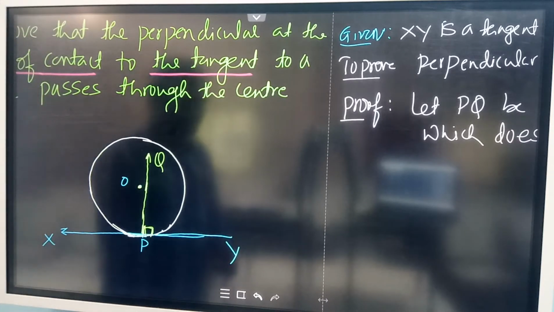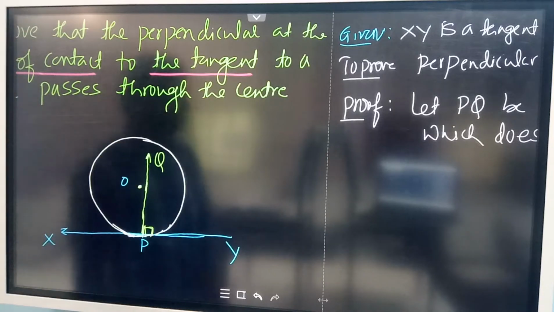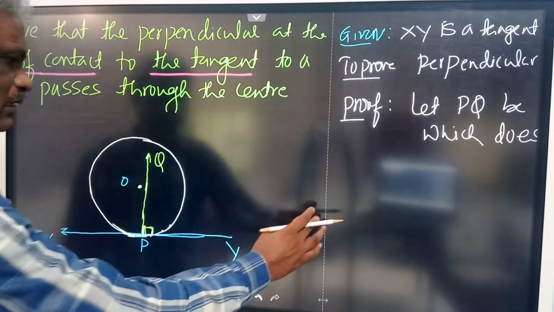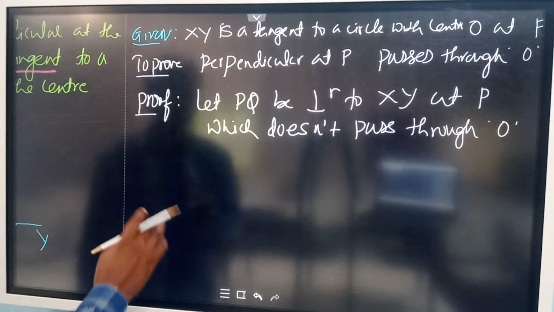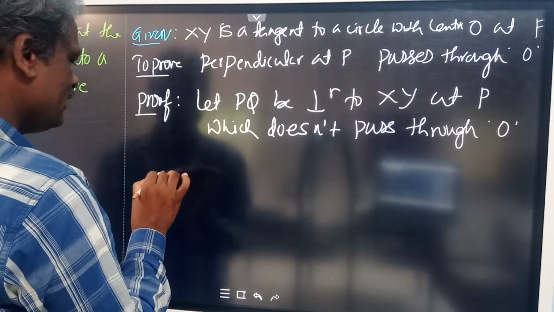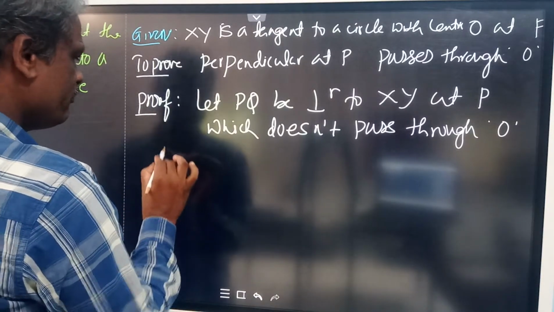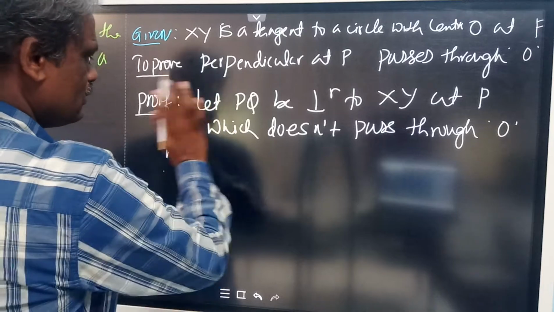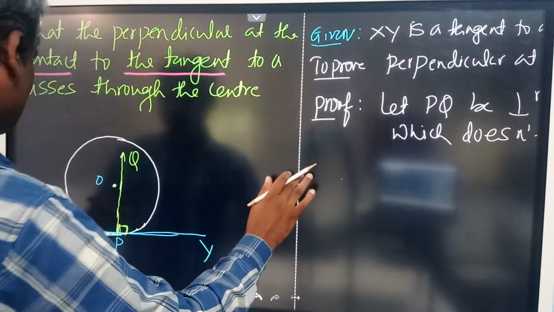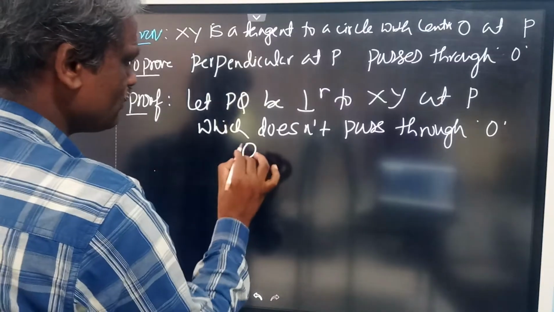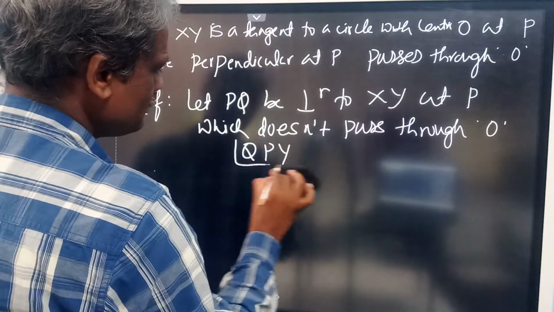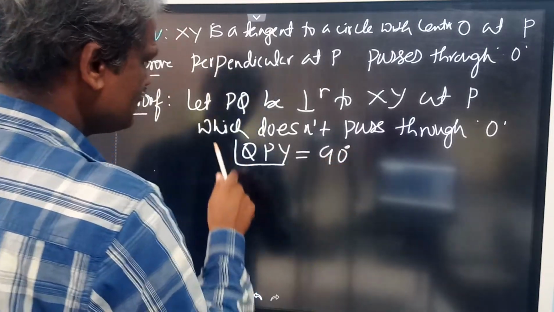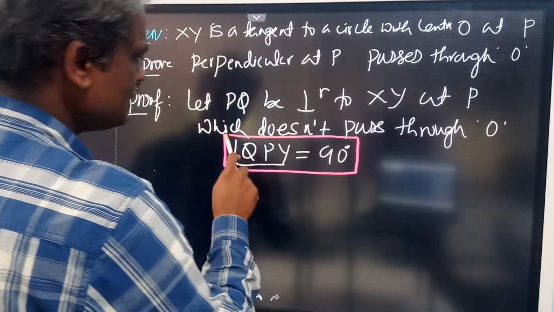We are assuming that there is a perpendicular at P but not passing through the center. So with reference to this, angle QPY should be equal to 90 degree. This we have assumed here.